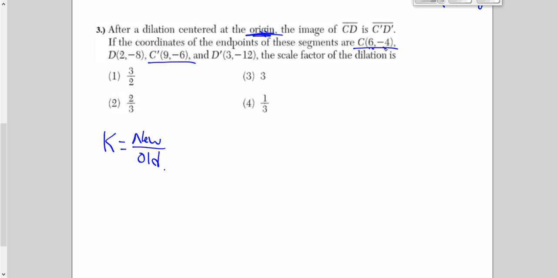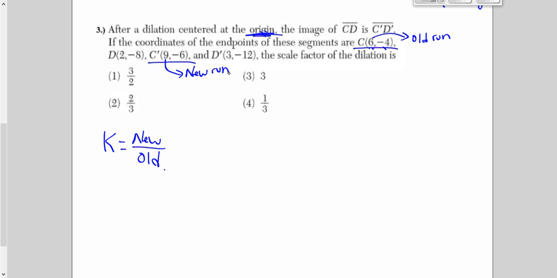And C prime, what's the new run in C prime? 9. What's the new rise? So do you have to do them both? Right, so let's just do, so 6 would be the old run, and 9 would be the new run, because that's the x value.